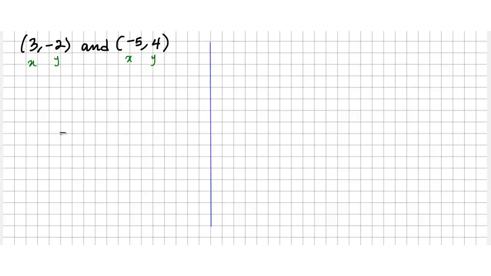All right, so now plotting this graph, let's say this is our origin (0, 0). Excuse me, this is too small. Okay, this is origin (0, 0). So let's say this is 2, 4, 6, 8, 10, 12.